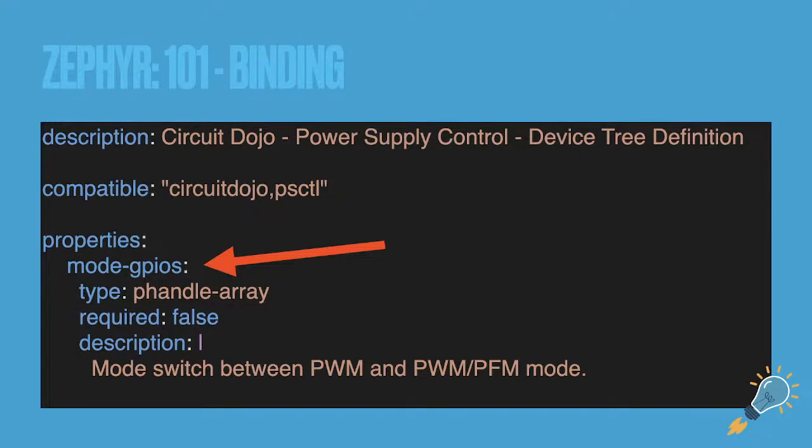We'll be using that shortly in the overlay. And then under properties, we are referencing a mode. We're just calling it mode-gpios, and it's just a phandle array for GPIOs. This is pretty standard for GPIO definitions. I also added some descriptions that are nice to have if there are errors or whatnot. It gives you more context.